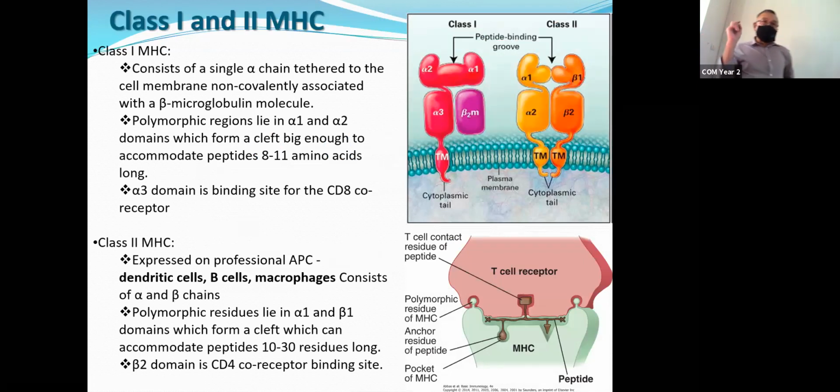First of all, class 1 MHC molecules are expressed on all nucleated cells in our body. So basically, these molecules act as barcodes for our immune system to recognize what is self versus non-self.